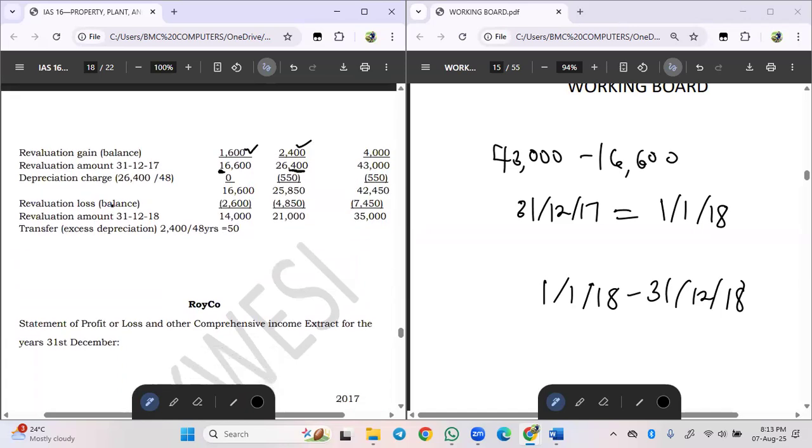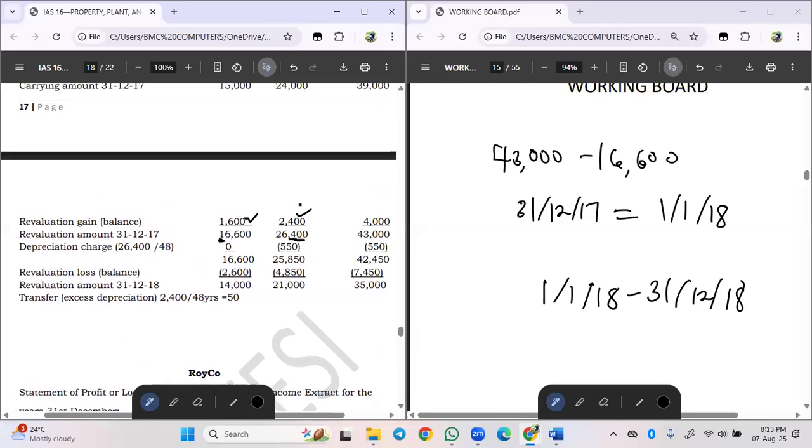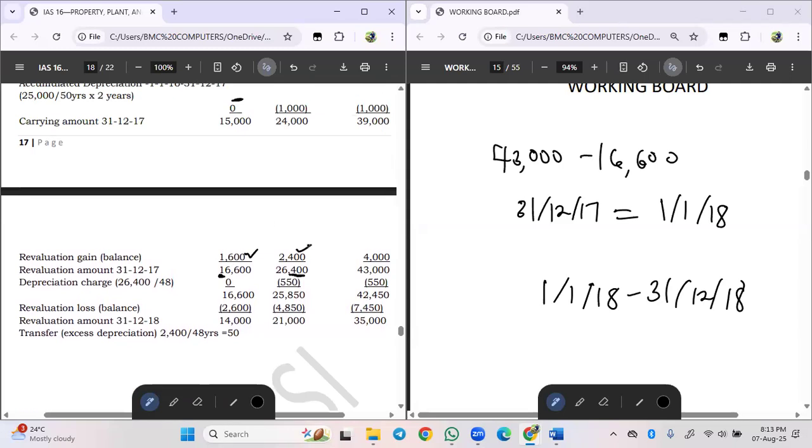Okay, let's move on. So the revaluation, the second one, 14,000 and 21,000, there will be a revaluation loss. For land it is 2,600 and 4,850 for what? Building. Initially, we had a revaluation gain in respect of these two assets. And I've taught you how to do that, the revaluation differences.